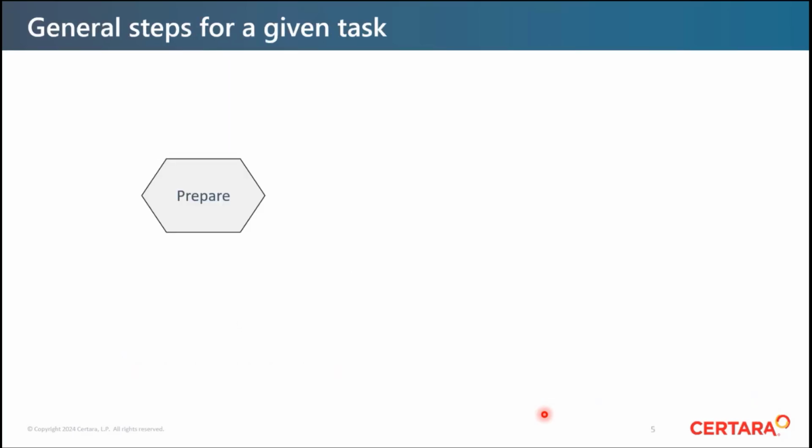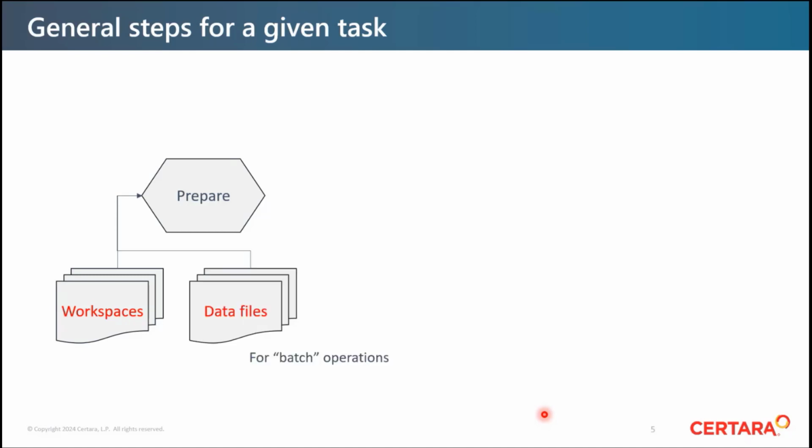So that's very generic. There are general steps. So the demonstration that I will do in 5 minutes will go quite quickly, actually. You prepare your task. In particular, you have prepared workspaces. In particular for batch operations, you may have to prepare data files, which will be compound or population files.